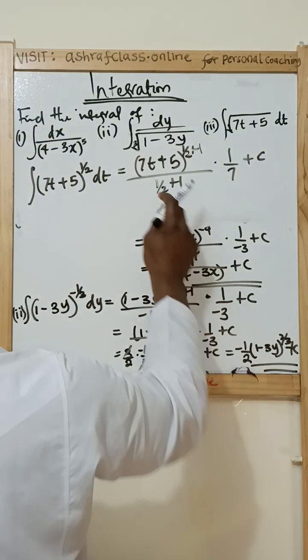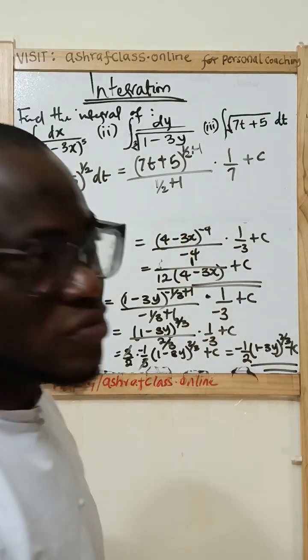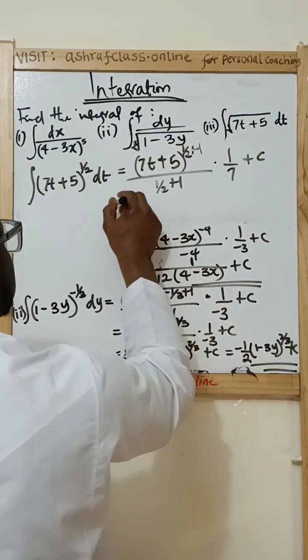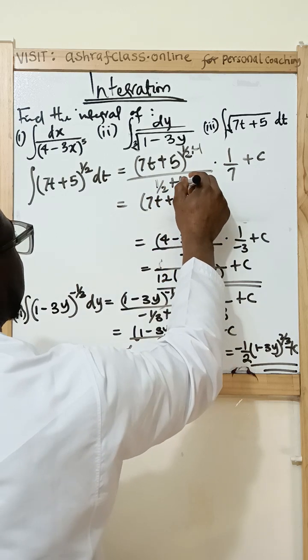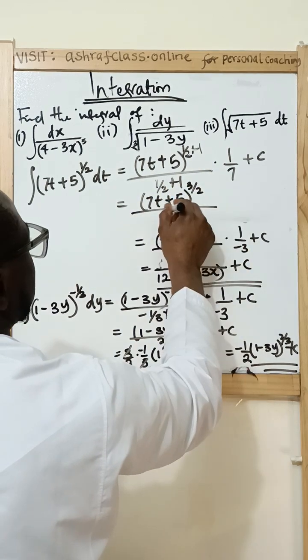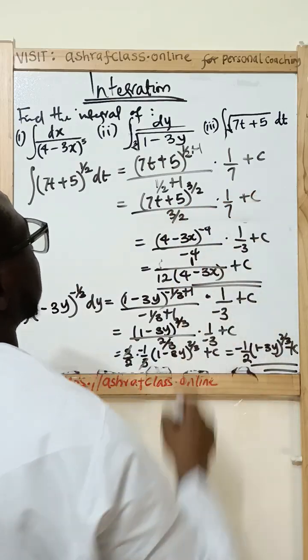So 2 times 1 is 2, plus 1 is 3, all over 2. So this is just (7t plus 5) raised to the power 3 over 2, all over 3 over 2, then times 1 over 7 plus c.